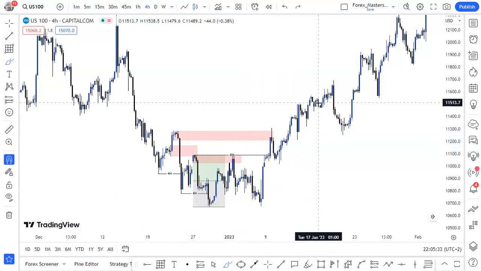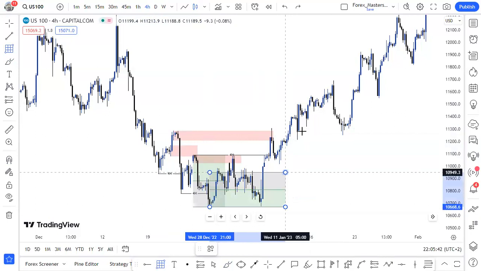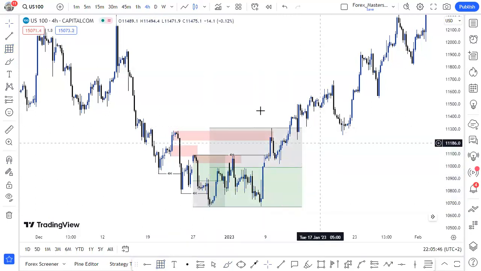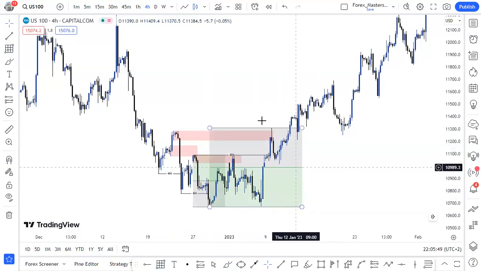So those are the two possibilities that we have. And this is where we take our gun box again and put it right here all the way to that high. Now that we have put our gun box right here, we want to see price do what? Pull back into the demand.